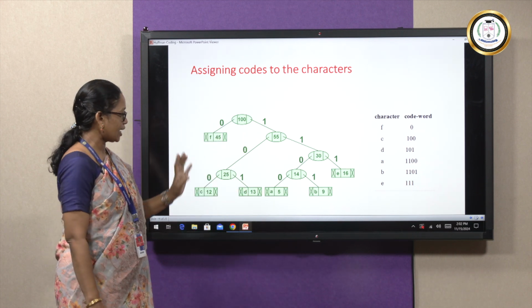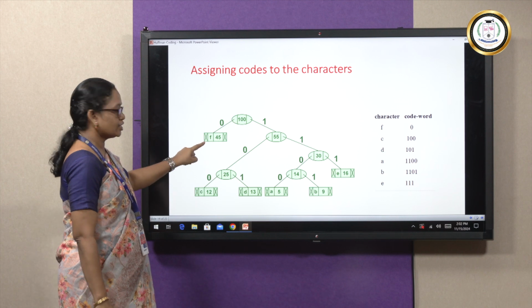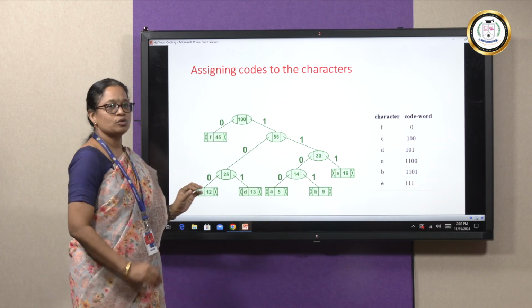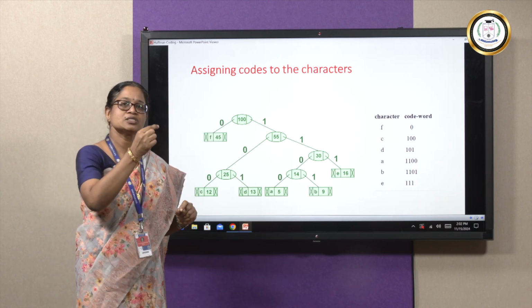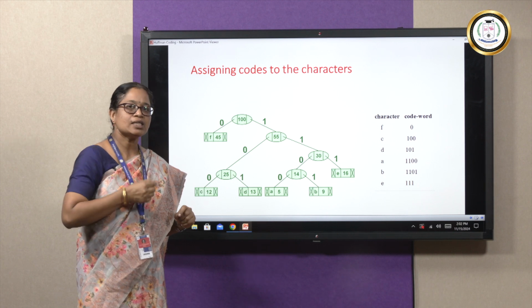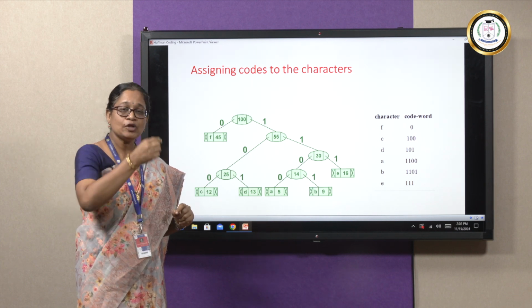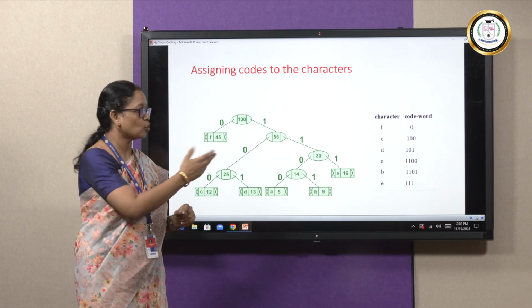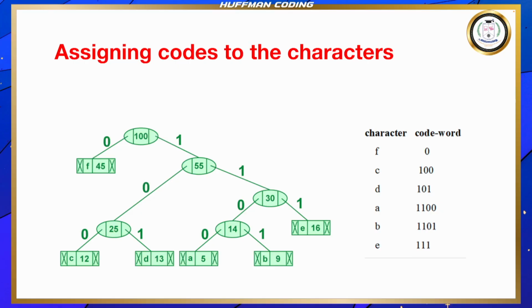For example, for the character F, so here is the character F, the code word is 0. So starting from the root node, you just traverse the path till the leaf node. So the values along the path will be the code words. Okay. So now let us see another character, that is C. So for C, starting from the root node, you just traverse till that node.